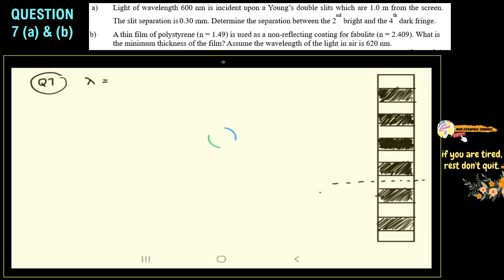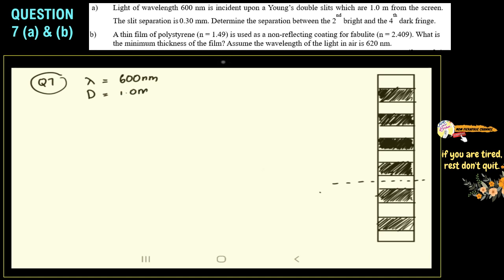Here I've drawn the pattern of the interference on the screen for the double slits. Lambda is given as 600 nanometer. The question tells us the double slits are 1.0 meter from the screen, that means capital D is 1.0 meter.